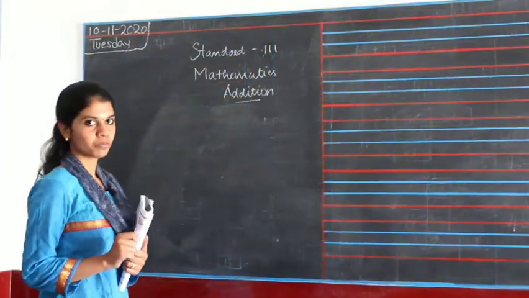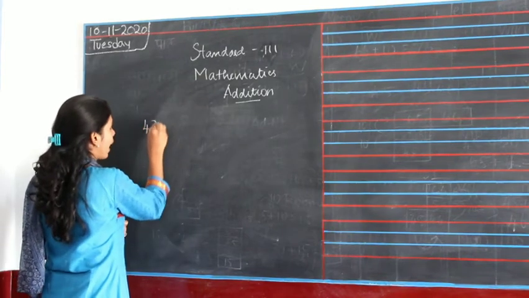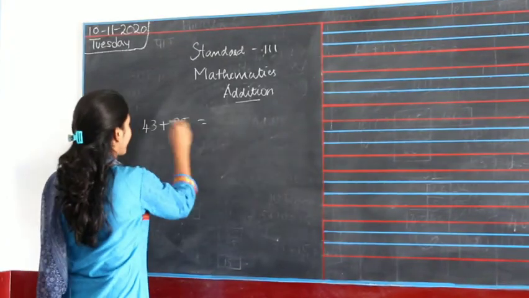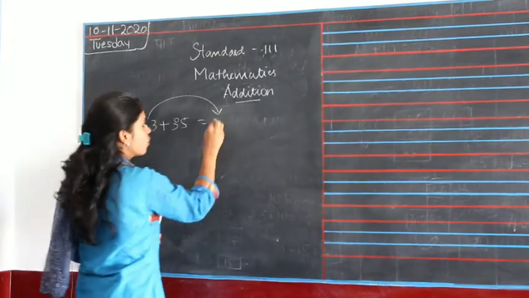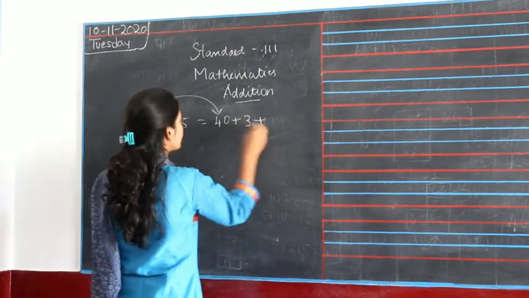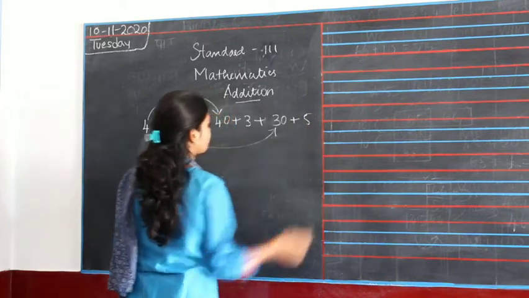Let's solve more problems like this. Now let's add 43 and 35. We can write 43 as 40 plus 3 and then 35 as 30 plus 5.